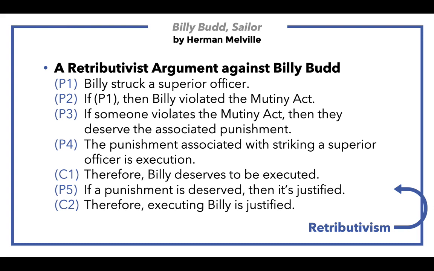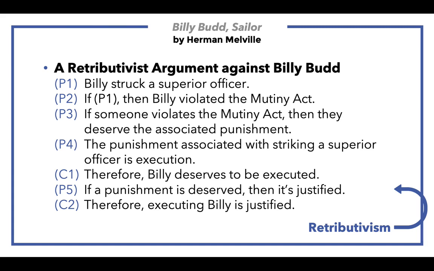So if you're a retributivist, you might think that executing Billy is justified because you're not paying so much attention to intentions. Maybe you think those don't really matter. What matters is that Billy knowingly, willingly punched a superior officer, and that even though execution is ordinarily too steep of a penalty for that, it's not in this wartime scenario.